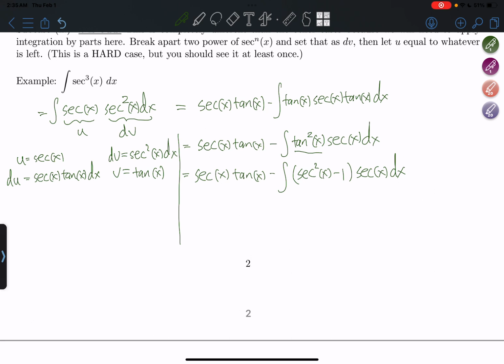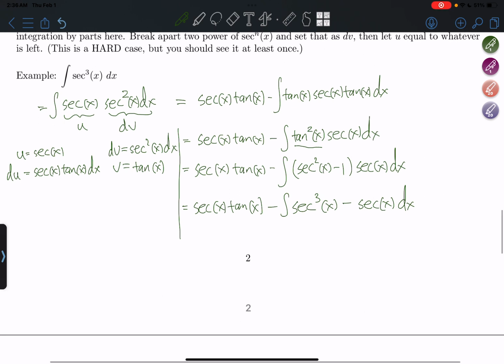But you see something interesting, because after you distribute, you're actually going to get secant cubed x minus secant x dx, if you just imagine distributing the secant x here.